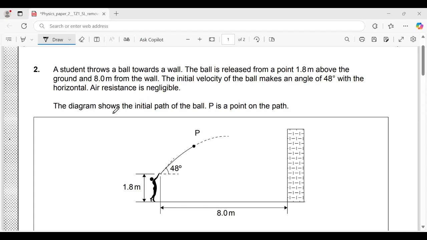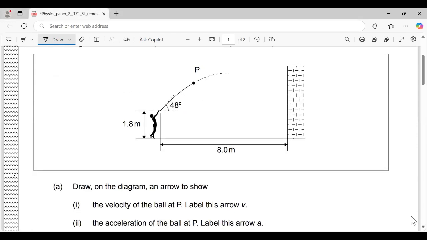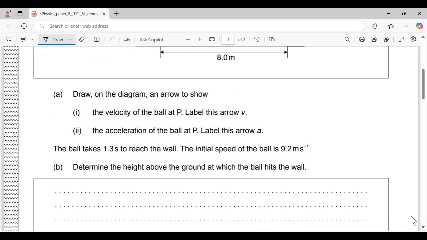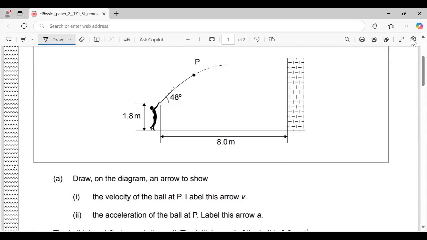The diagram shows the initial path of the ball. P is a point on the path. Draw on the diagram an arrow to show the velocity of the ball at P. Label this arrow v, velocity.